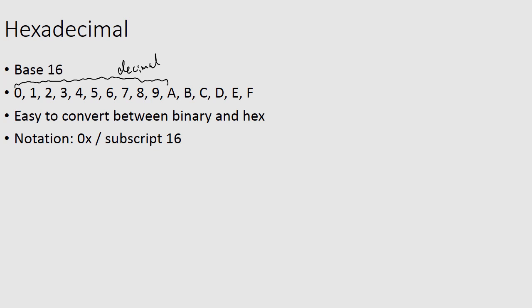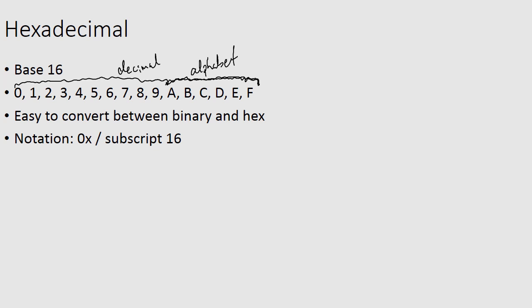Since there are only 10 digits in our decimal system and hexadecimal is base 16, we have to have an extra 6 digits, and we're going to borrow from the alphabet. We're going to borrow the first 6 letters and use them in our hexadecimal system. So we are going to have all the digits from 0 to 9, as well as A, B, C, D, E, and F.